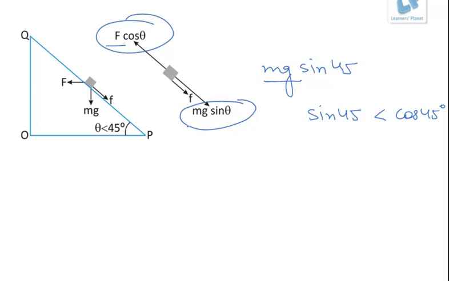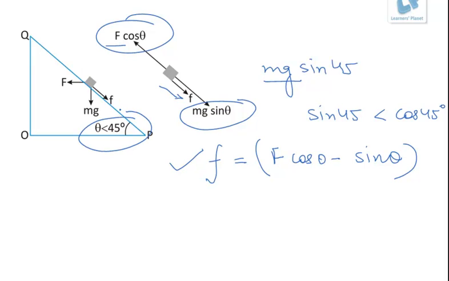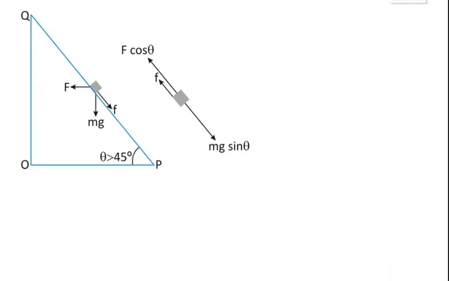That means this body is tending to go upwards, but it is stationary because of the force which is acting in the downward direction. The frictional force will be equal to F cos theta minus mg sin theta. Okay, so the frictional force will be acting in downward direction if the angle is less than 45 degree.